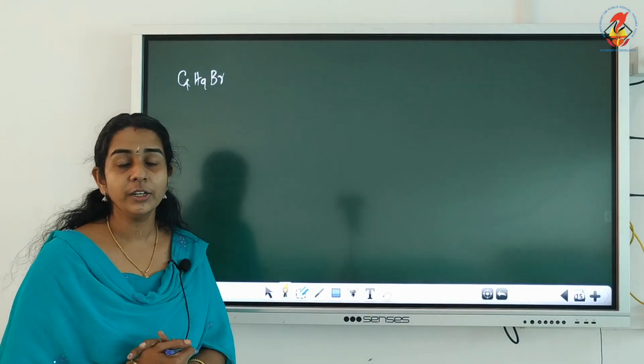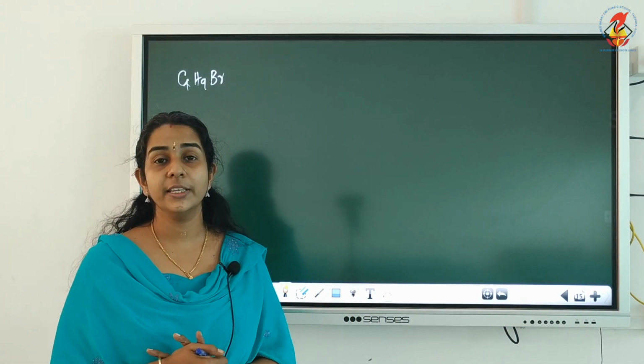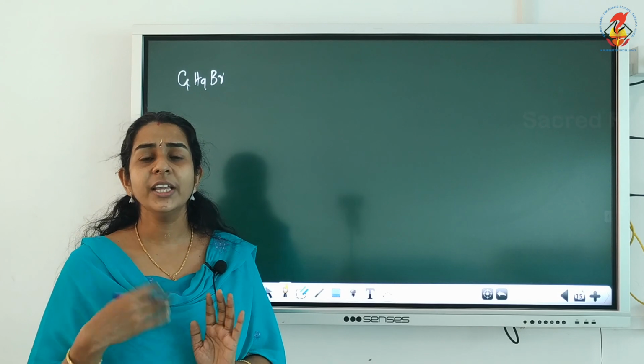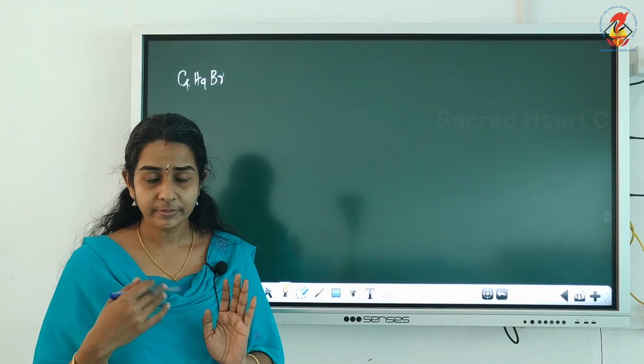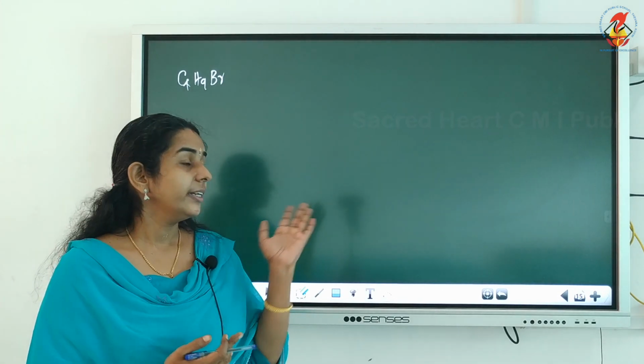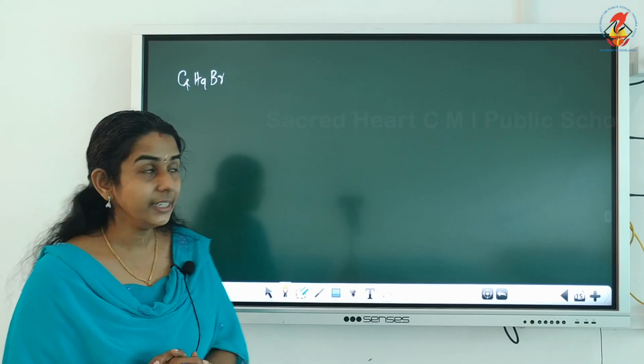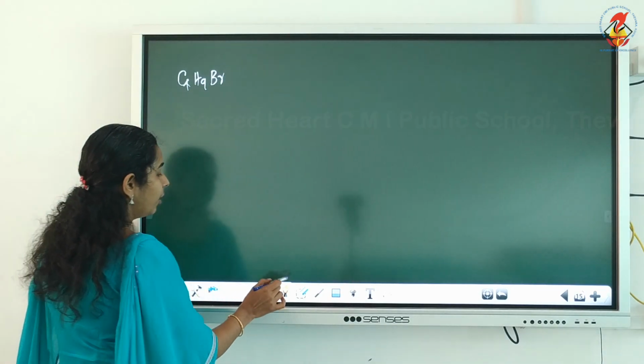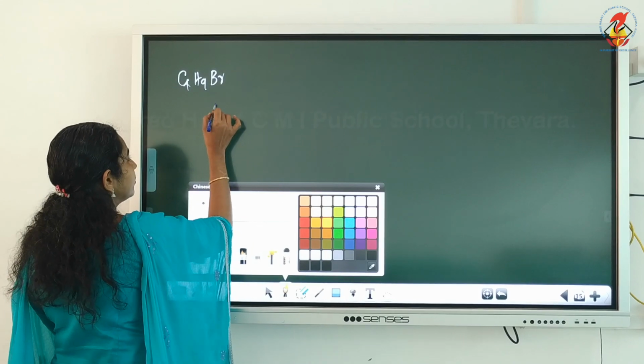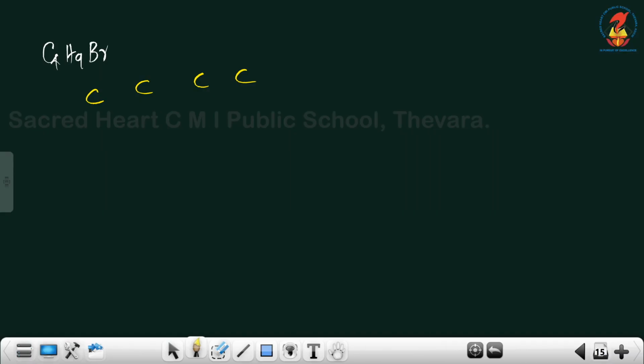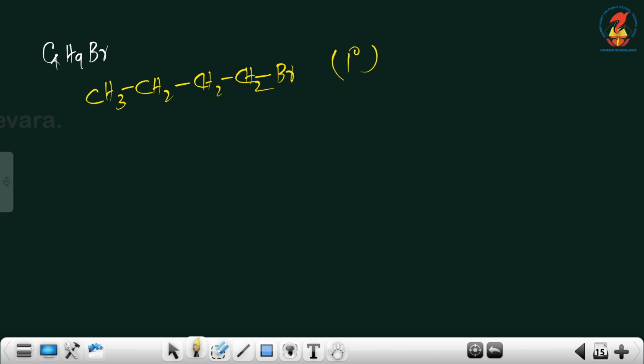And the very important compound with molecular formula C4H9Br, a very commonly coming compound in most of the questions. How can we draw the structural isomers? The first possibility: all 4 carbon atoms in a straight chain and bromine on the first carbon. So CH3, CH2, CH2, CH2Br, and it is a primary halide.